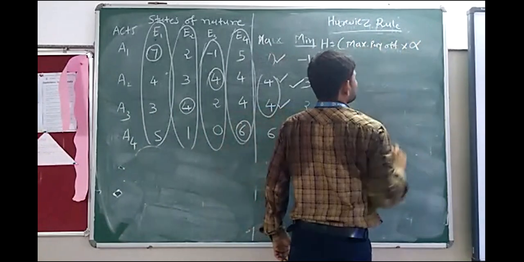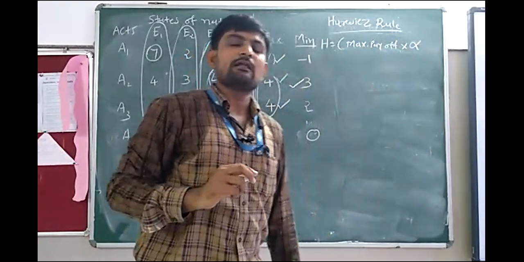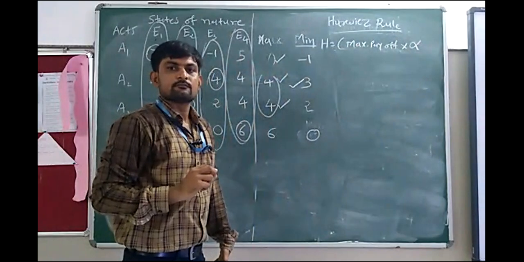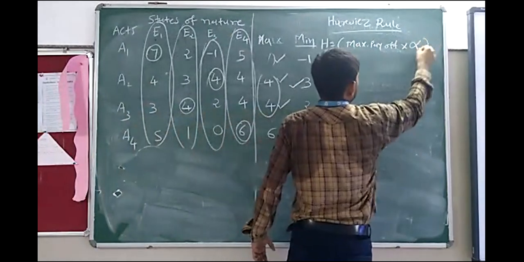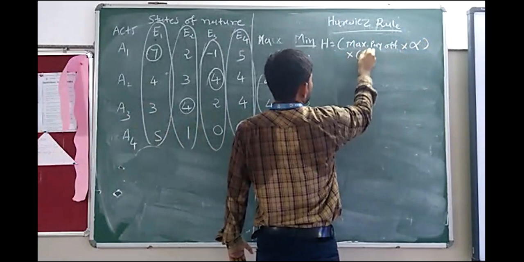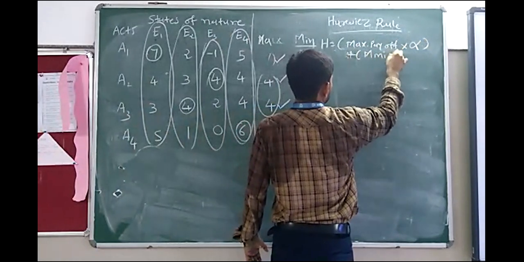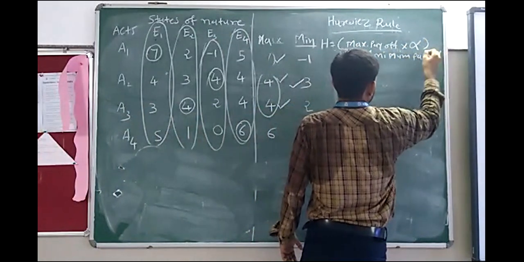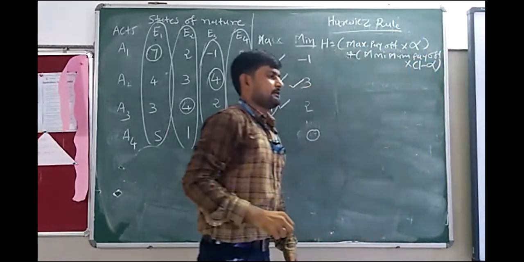into alpha. Now what is the meaning of alpha? The meaning of alpha is the level of optimism, into minimum payoff, plus minimum payoff into 1 minus alpha.